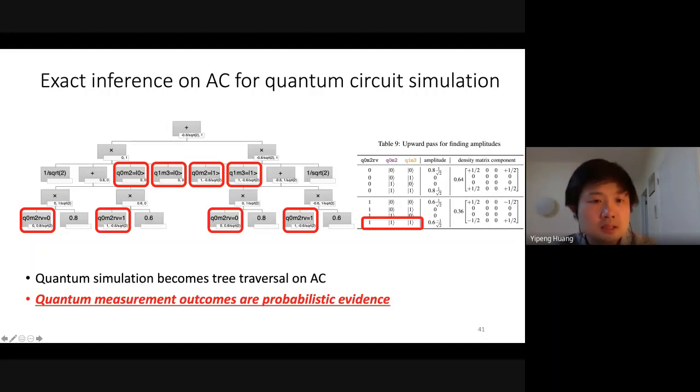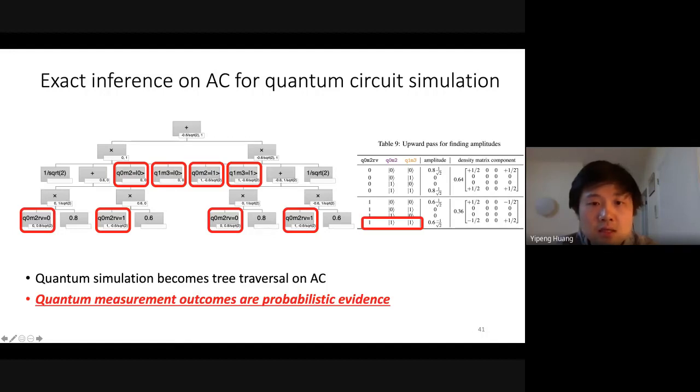What you do is you go to the leaves of this tree, and you assign to each of the leaves these input variables, these truth values for each of the observation outcomes. And then you do a percolate up operation. So you just combine the evaluations according to the operations enumerated in the tree.